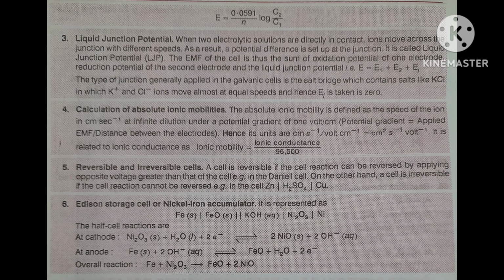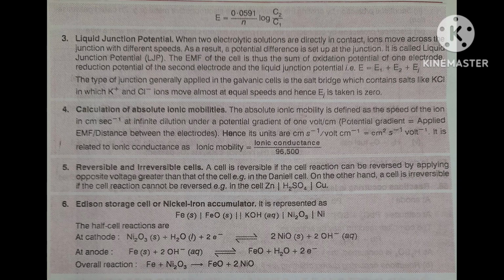The EMF of the cell is thus the sum of the oxidation potential of one electrode, the reduction potential of the second electrode, and the liquid junction potential. That is, if E is the EMF, then E is equal to E1 plus E2 plus Elj, where Elj means potential due to liquid junction.